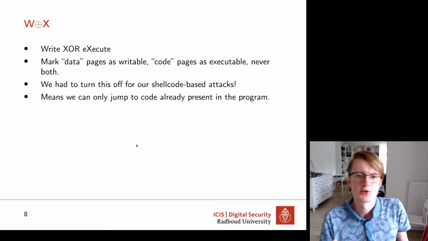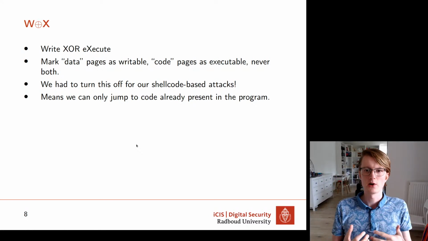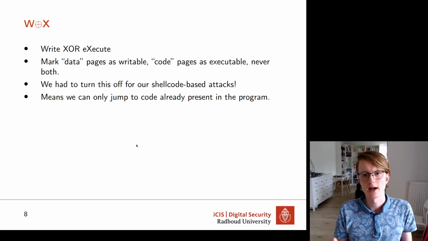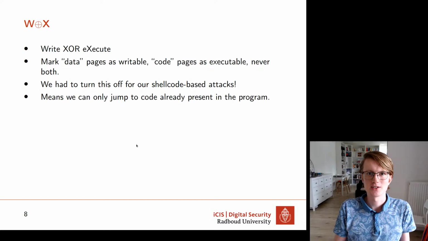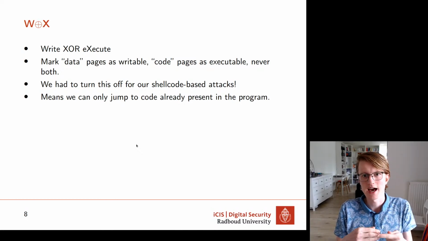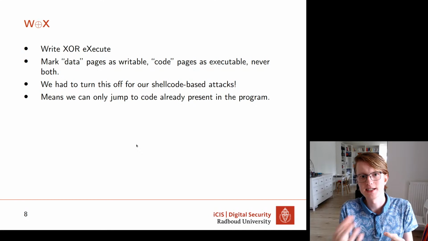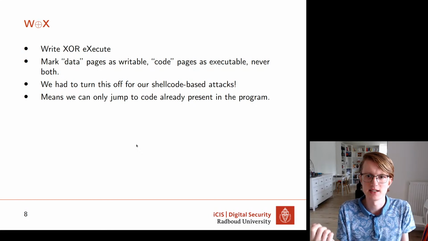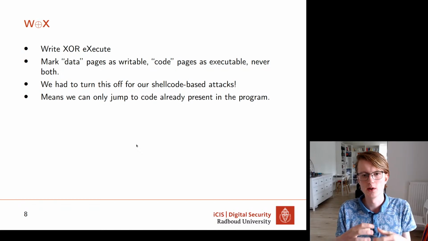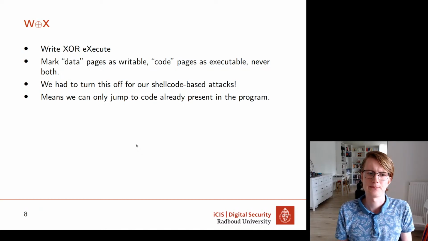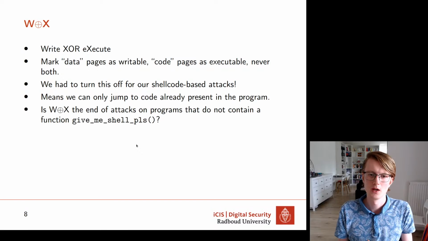Having this protection turned on means that we can only jump to code that's already present in the program. We cannot add to it, because when we add something into memory, we are writing it, and unless that page later gets swapped into executable, we can only jump to code that was already there and not add our own.